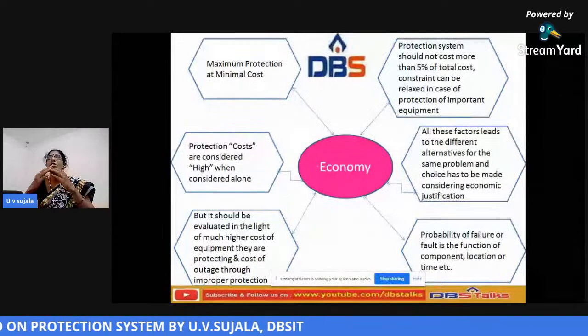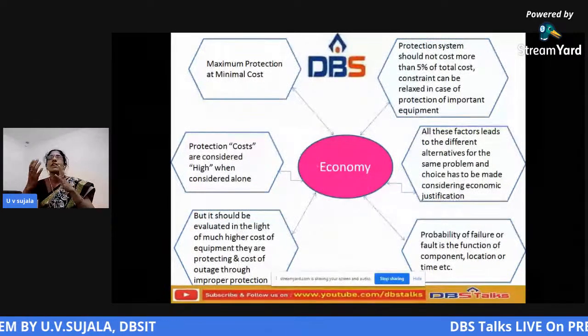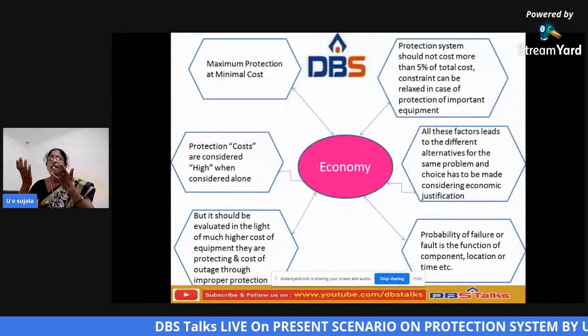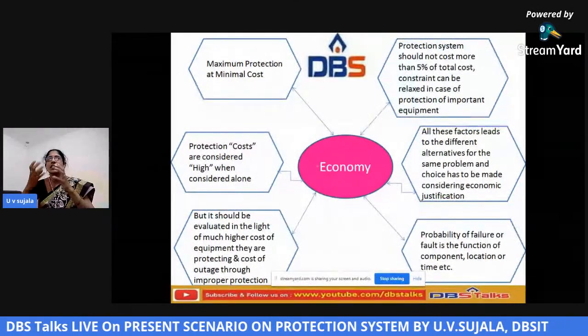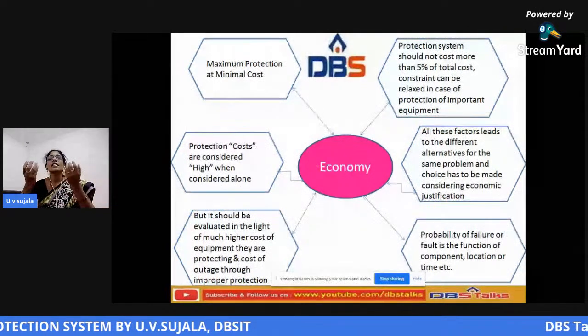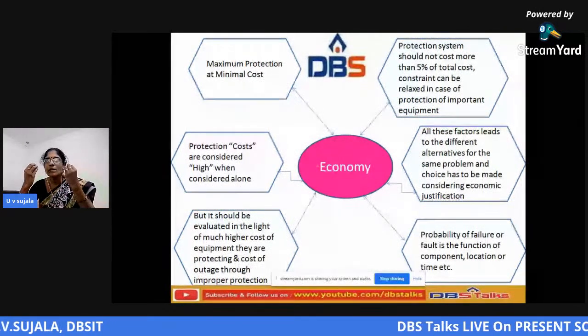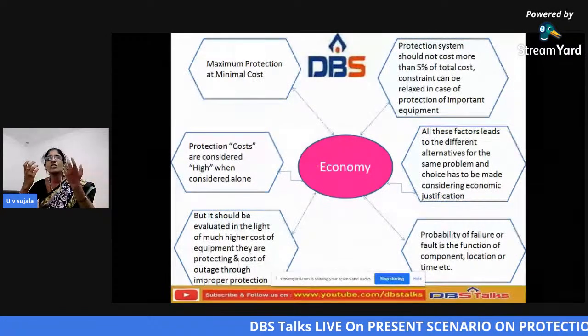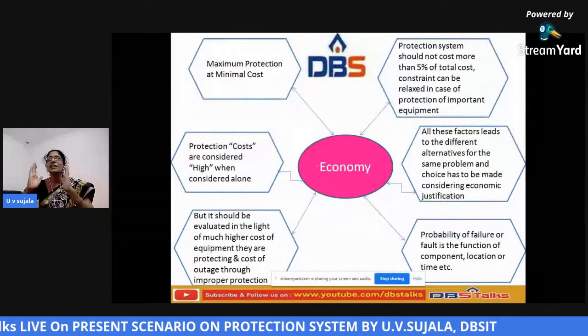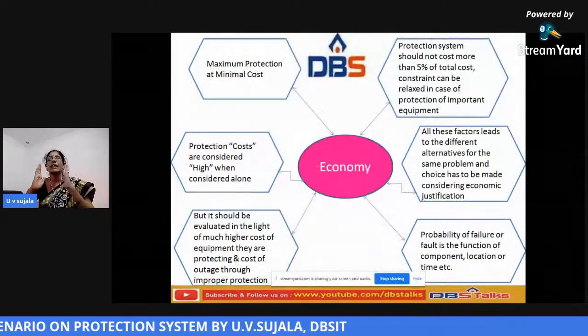If, suppose, a number of transformers are placed, step up and step down, and the cost is more, then the economy matters more. So we do the maximum protection, but with the minimum cost.